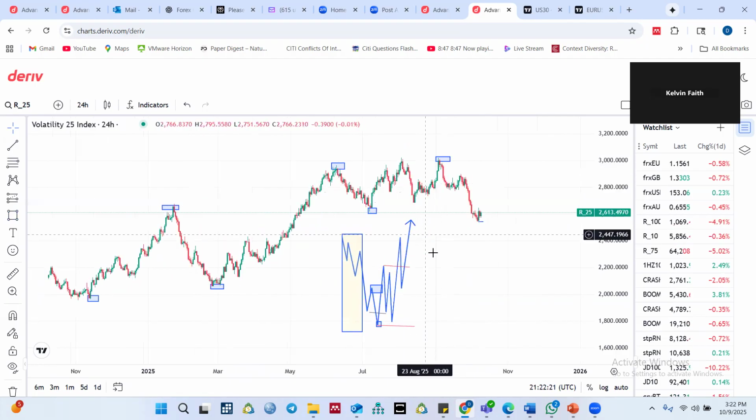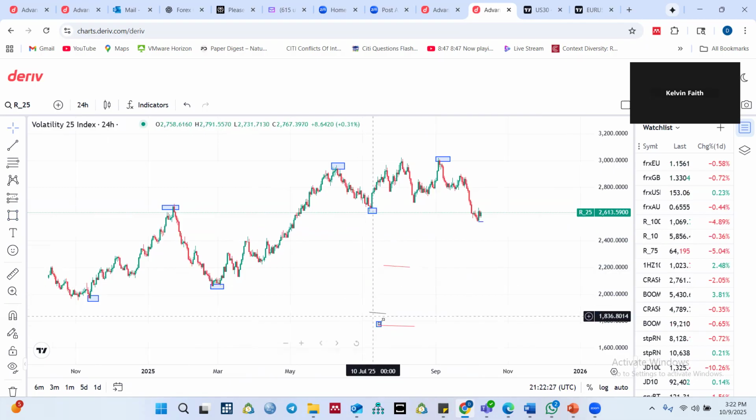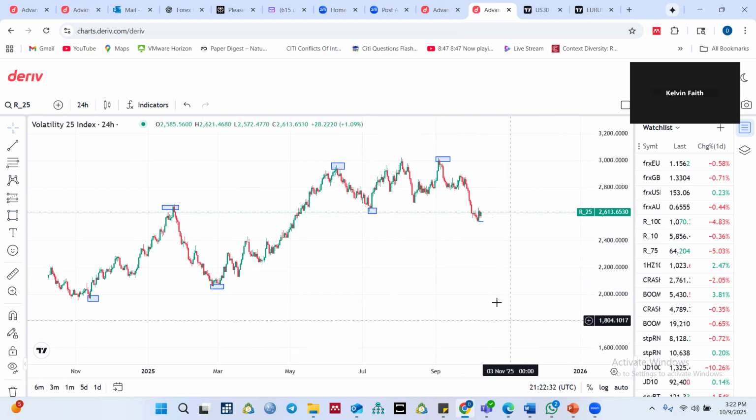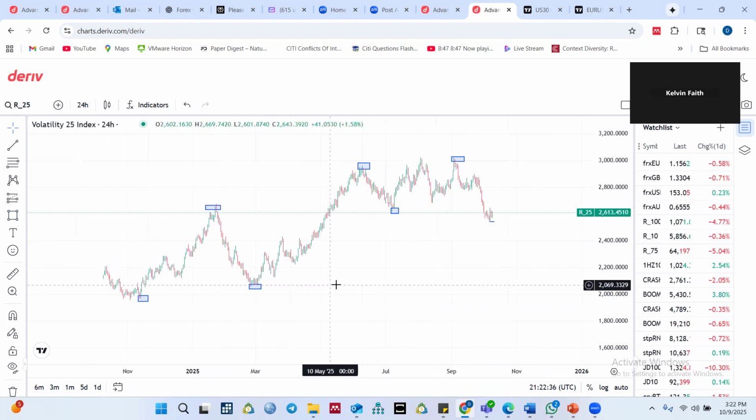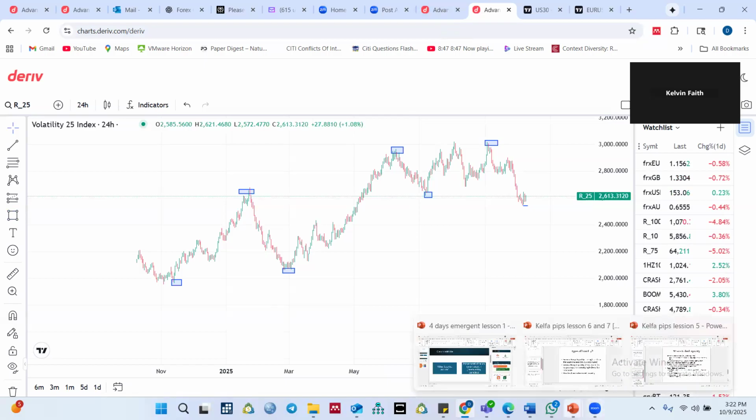So we will understand more with that. Let me clear the chart one more time. Internal liquidity will be within. Structural and inducement liquidity we will tackle later. You will not really get it right now.